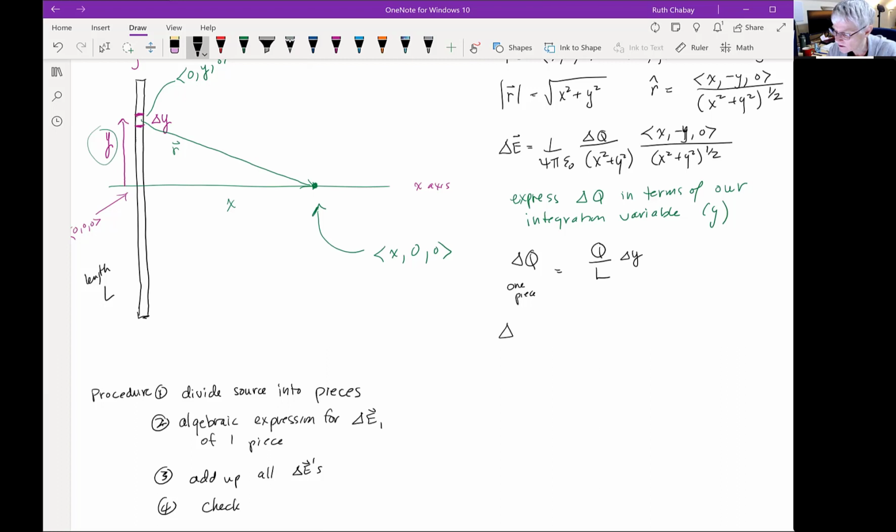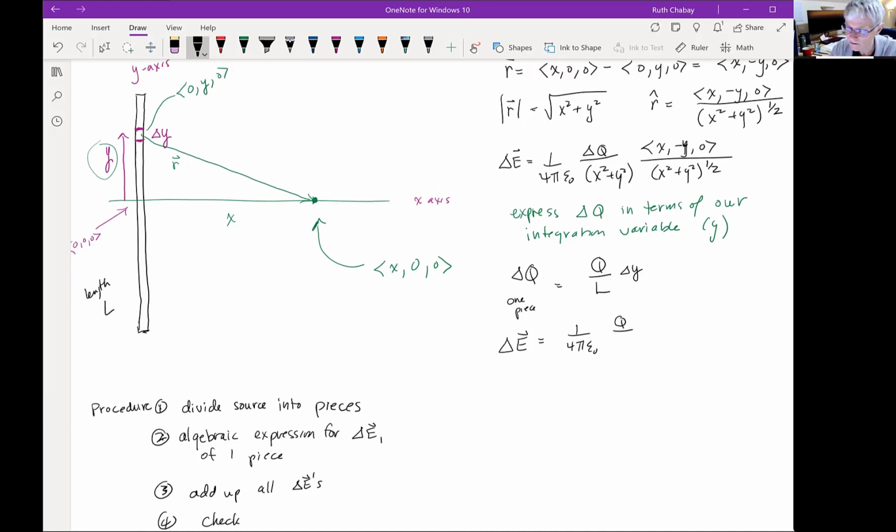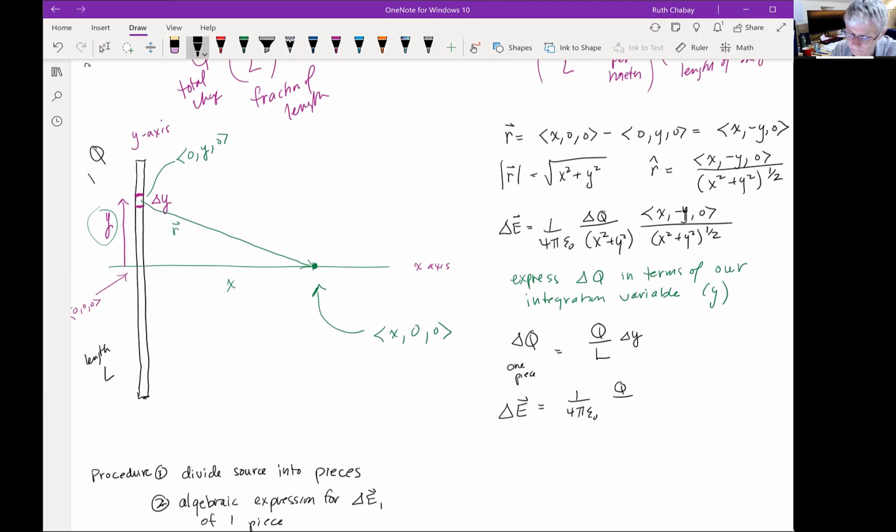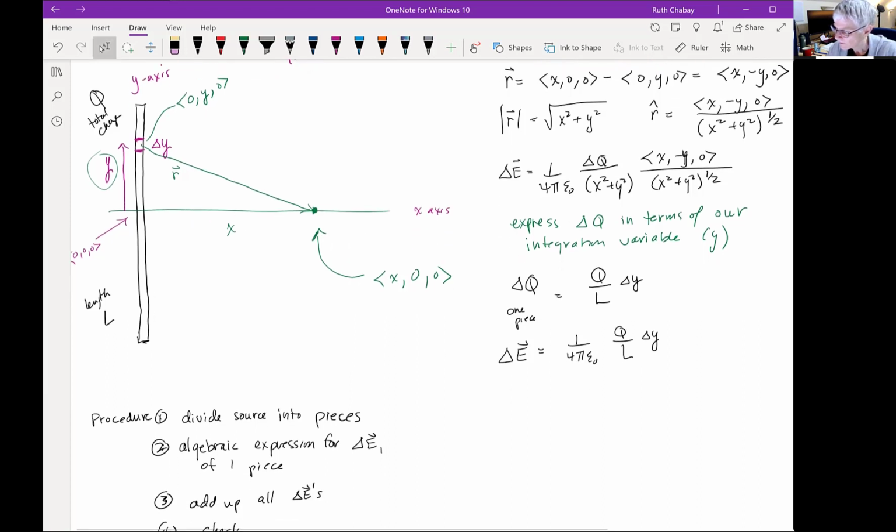So we can rewrite this: delta E is equal to 1 over 4 pi epsilon 0 times Q, the total charge of the rod, divided by the length of the rod, times delta y, times the vector x, negative y0 divided by x squared plus y squared to the 3/2.